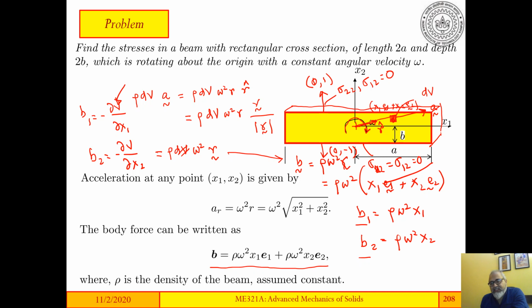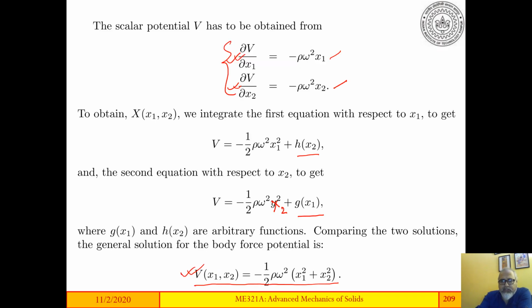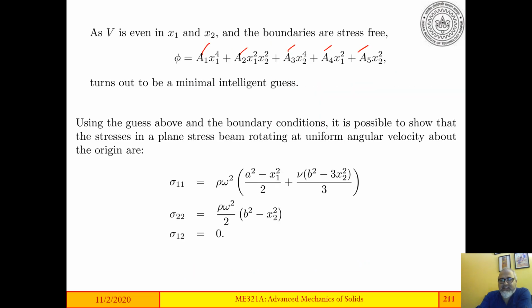In much the same way, I have converted it into a static problem by using a frame which is rotating with the beam. That's why you have the centrifugal force. Then it becomes like a static problem where at the back of your mind you have to remember that x1, x2 are rotating with the beam. Okay, so please check this answer out.